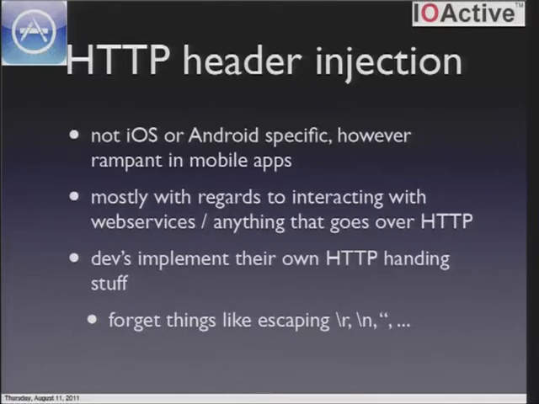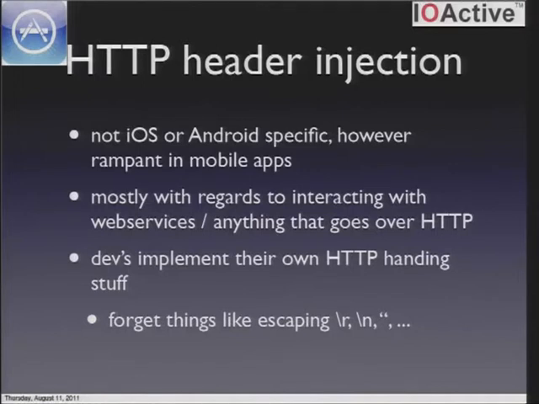The next thing is HTTP header injection. It's not iOS specific, it's not Android specific, but it's incredibly common in mobile apps. Most of this is when you're interacting with web services and you send SOAP or JSON or whatnot over HTTP interfaces.